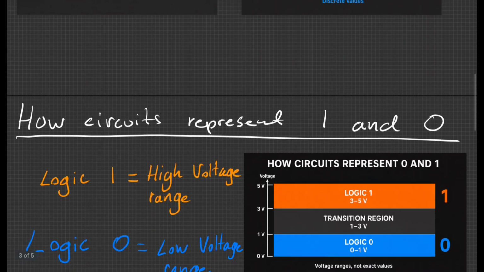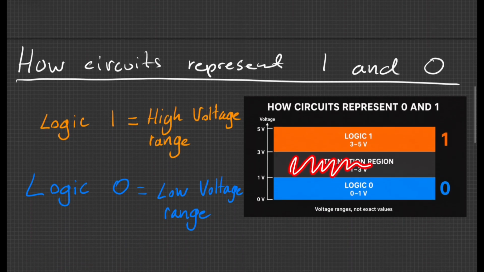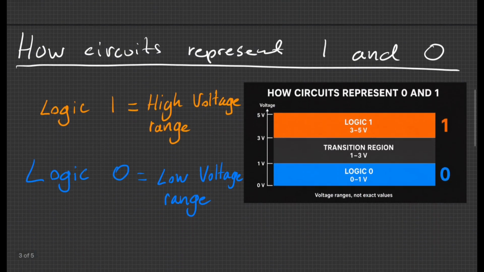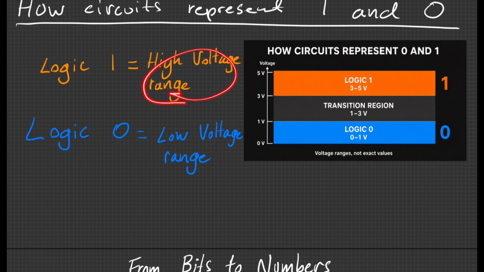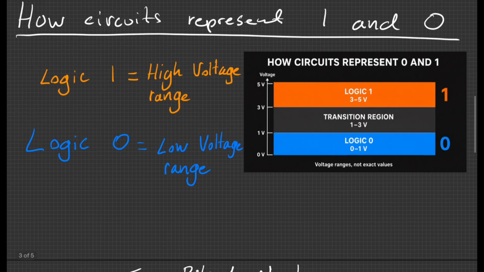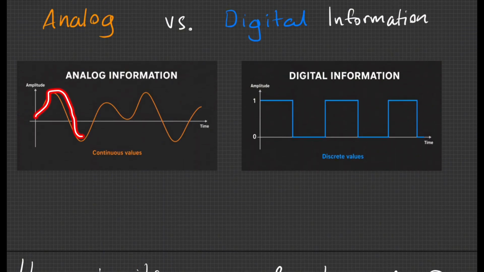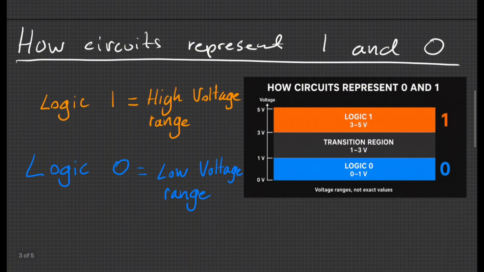Digital information will not include this transition region because it's more of a logic 1, logic 0 scenario. It's a high voltage range or a low voltage range. I think that allows for more simplicity in the building of circuits, whereas with analog information it would be a whole different ball game.